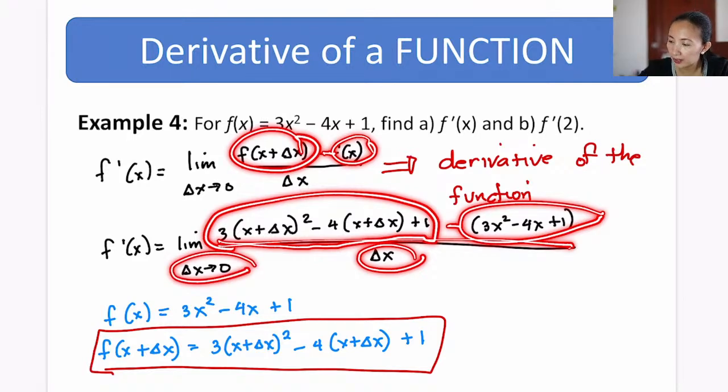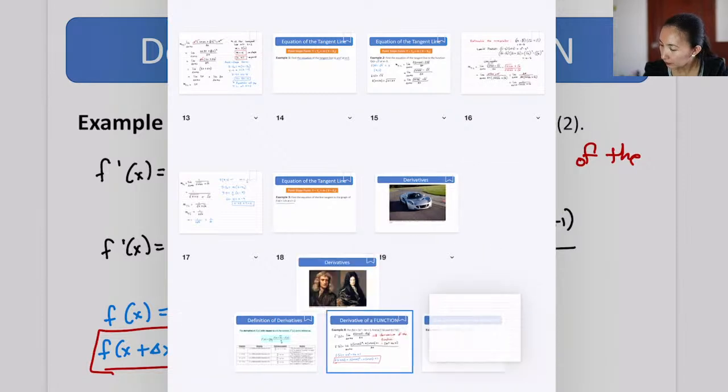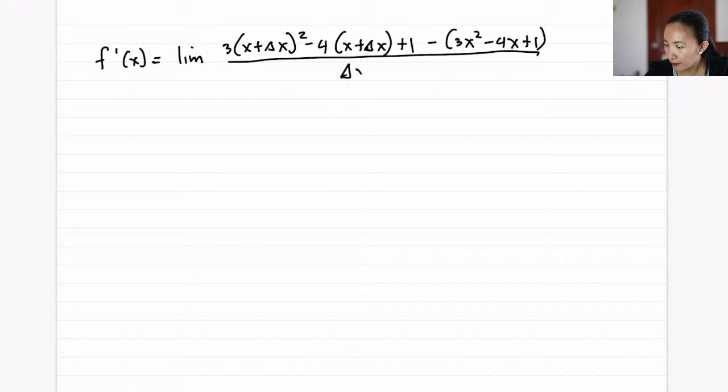Okay, let's simplify further. So f prime of x, which is the derivative, is equal to the limit of, once more, 3 times the quantity x plus delta x squared minus 4 times x plus delta x plus 1 minus the quantity 3x squared minus 4x plus 1 all over delta x as delta x approaches 0.